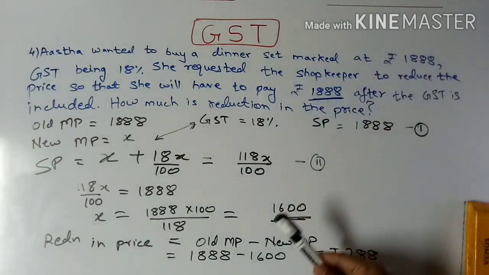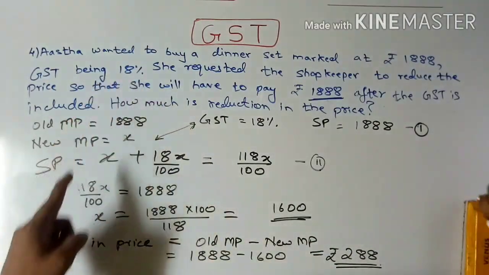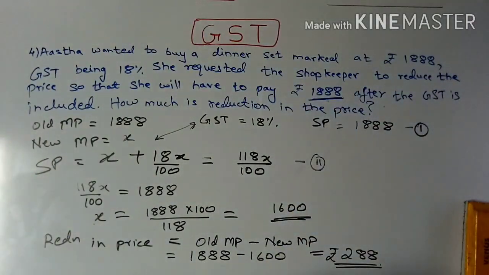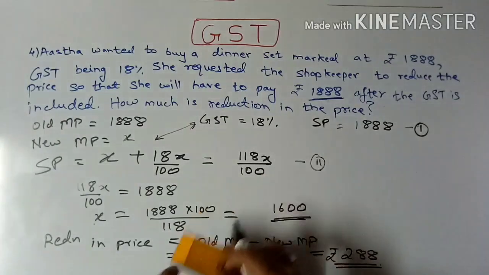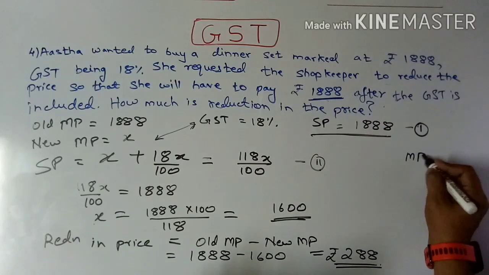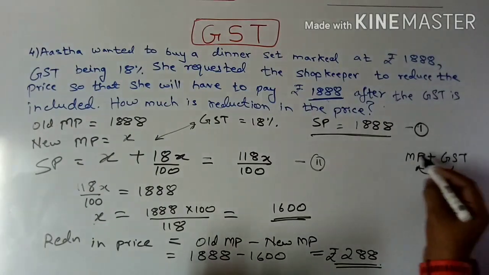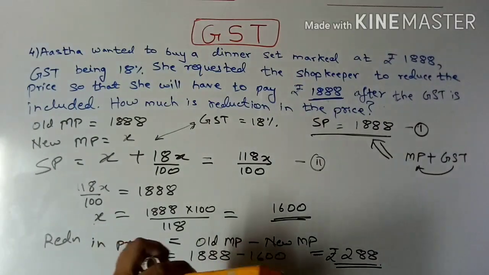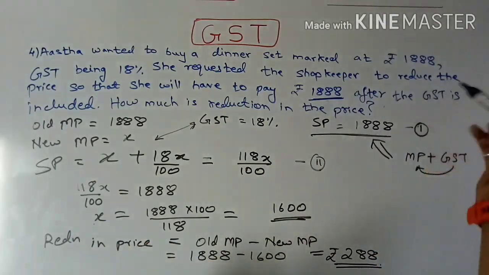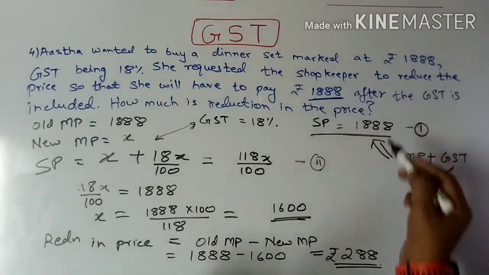So you adjust the marked price such that the marked price plus 18% GST on the marked price should give me 1888. Otherwise the selling price would have gone much beyond 1888 if I had considered the marked price as 1888.